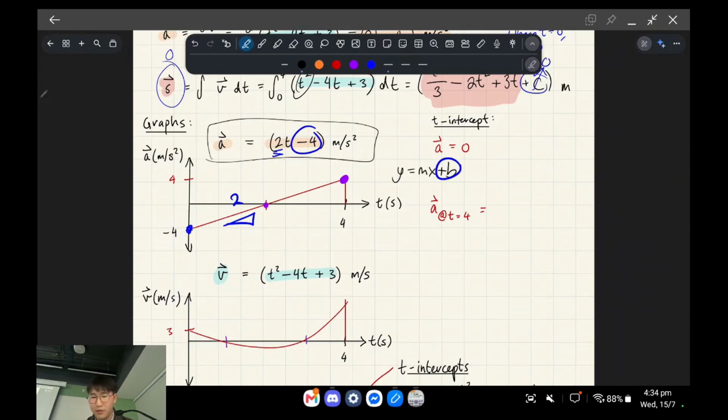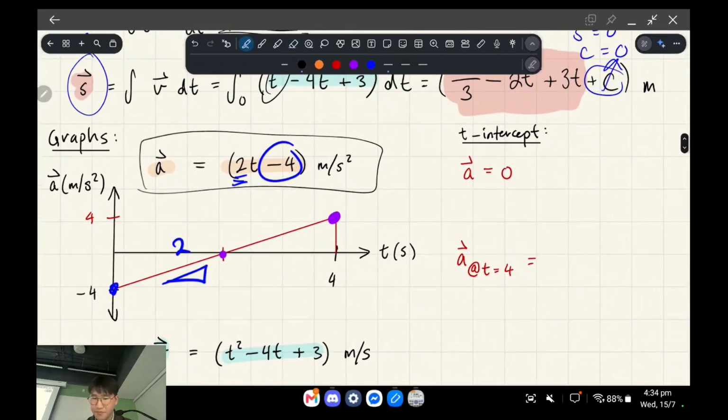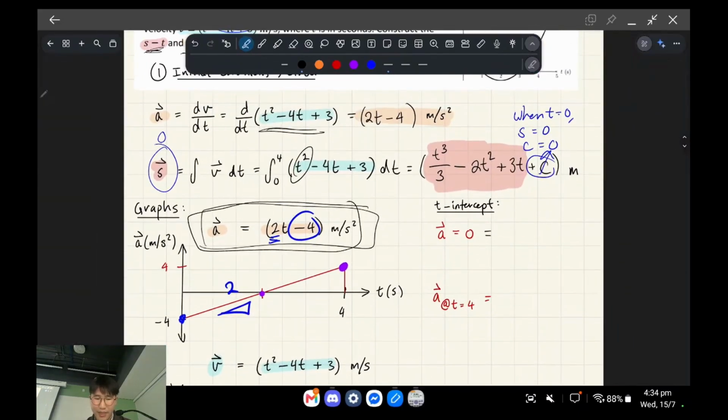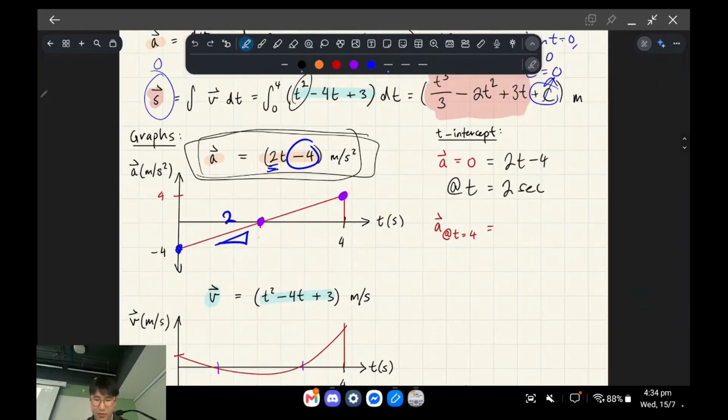So using our graphing methods, we get the acceleration function, this one, and we set the left-hand side to 0, okay? And then we write 2t minus 4 equals 0. If we solve for t, we get 2 seconds. So we've plugged in acceleration equal to 0, which is this straight line, and we're working out this value on our horizontal axis, which is t equal to 2 seconds.